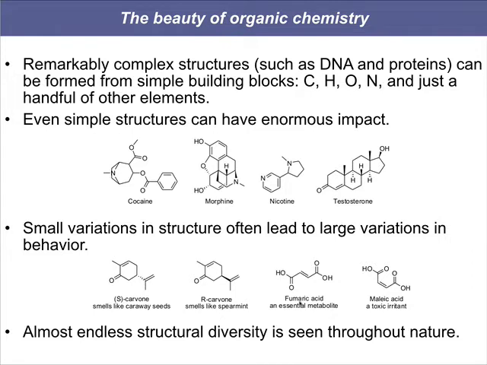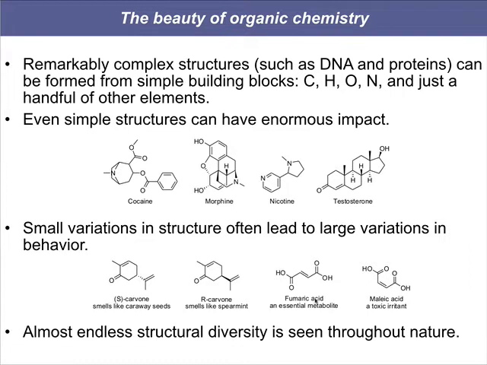A similar thing is true for fumaric acid versus maleic acid. These have the same structure. Notice that these are two molecules that have essentially the same connectivity. The only difference that you'll see is the geometry around this double bond, okay? Fumaric acid is a trans double bond, and maleic acid, that is a cis double bond.